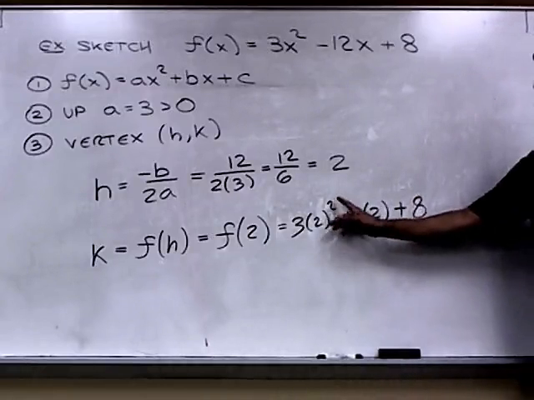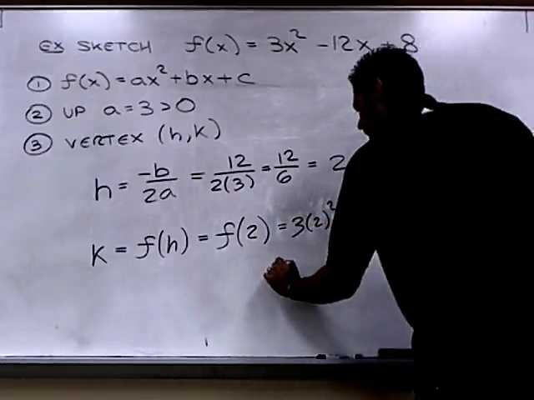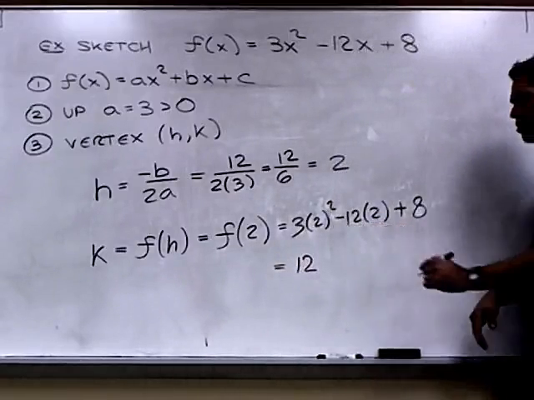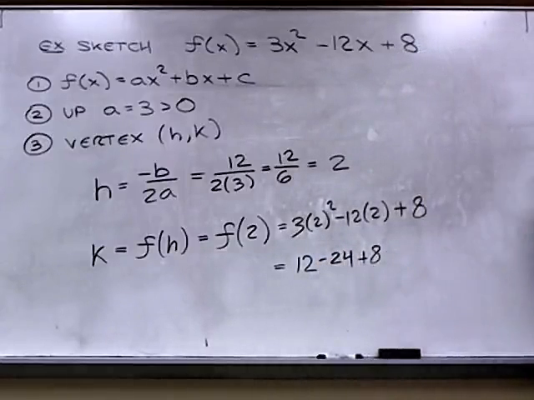Square the 2 first, that's 4. 3 times 4 is 12. So we have 12. And 12 times 2 is 24, but we're subtracting it, so minus 24, then plus 8. What does that give you? Negative 4.